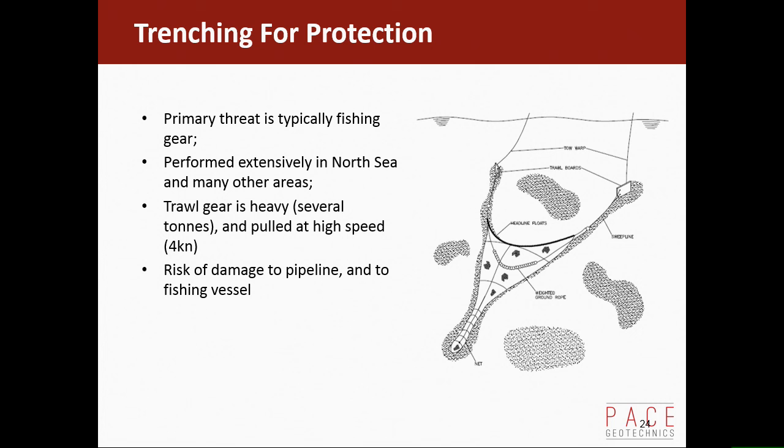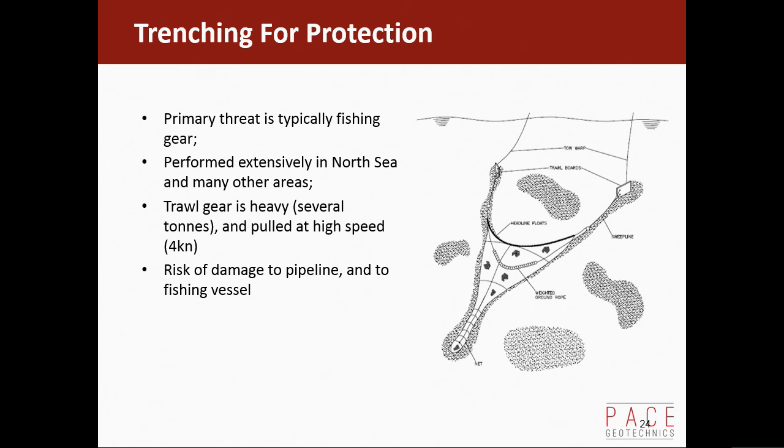Now, the fisherman doesn't particularly want them to be sinking into the seabed, because that costs them money, but when they turn or stop for any reason, then they can sink down, so they are a bit of a risk to pipelines.